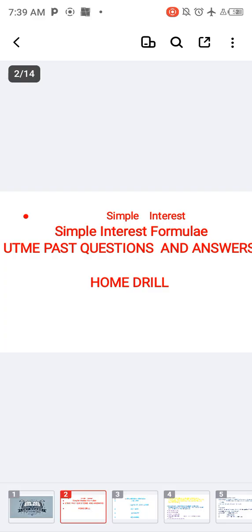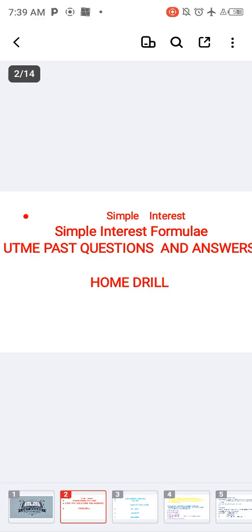You may be asked to find the simple interest. You may also be asked to find the principal, or the rate, or the time, as the case may be.